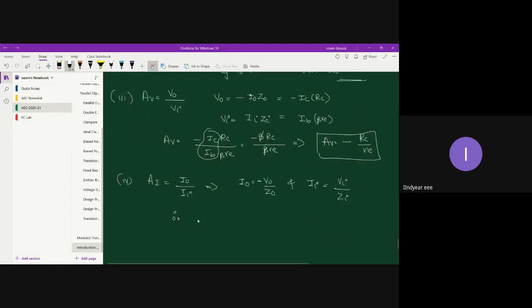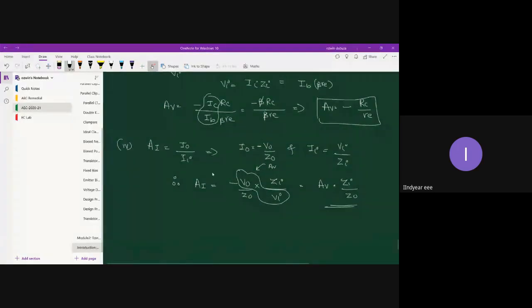So current gain AI is equal to I naught, which is negative V naught by Z naught divided by II, so Zi by Vi. We have the ratio V naught by Vi, which is minus RC by RE, or AV. So you can write this as AV into Zi divided by Z naught. So that's your current gain. Did you understand?